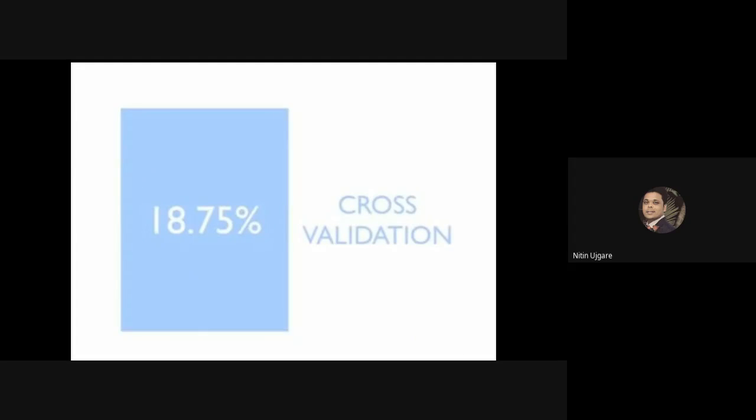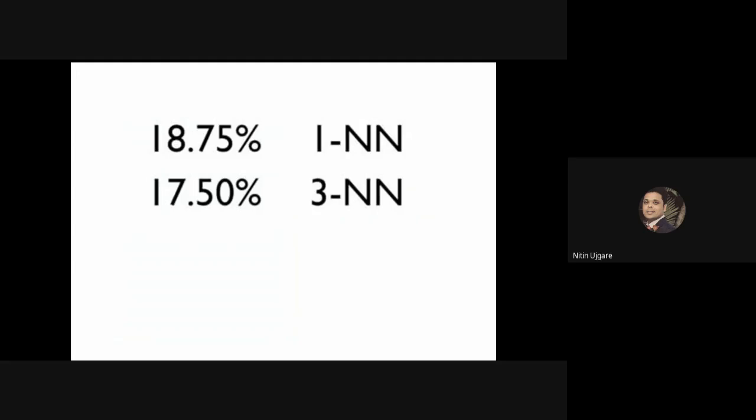Now this cross validation error that we have calculated is specifically for the one nearest neighbor machine learning algorithm. In the same way, we calculate the cross validation error for the three nearest neighbor algorithm. We follow the same process: split the data set into four folds, keep the first fold aside for testing, train the three nearest neighbor algorithm using the second, third, and fourth folds, calculate the error rate for the test data, that is the first fold, then repeat the process for each fold, and calculate the average error.